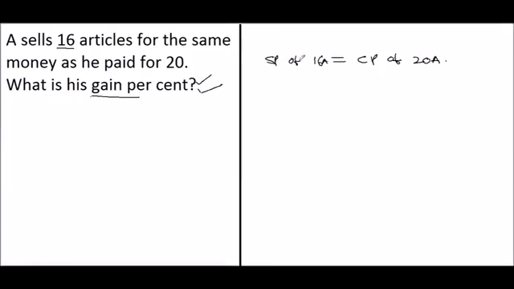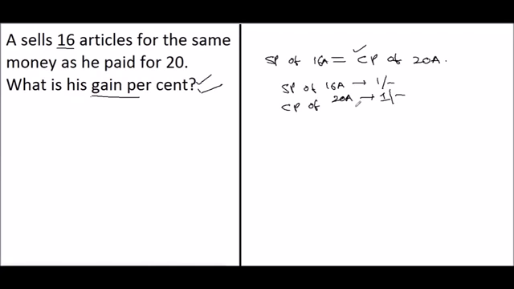I'm taking selling price of 16 articles as 1 rupee, just 1 rupee, because this figure is very convenient for us. When selling price of 16 articles is 1 rupee, according to the statement, cost price of 20 articles should also be equal to 1 rupee.